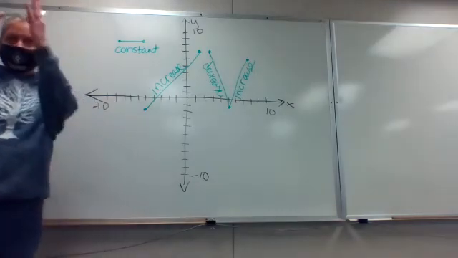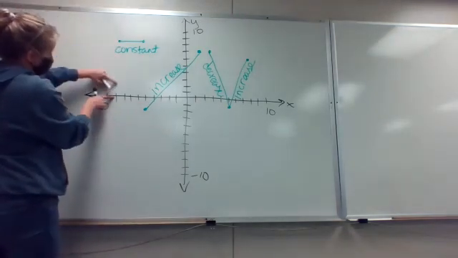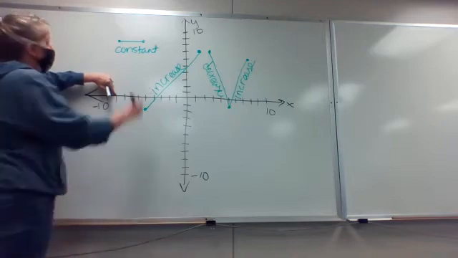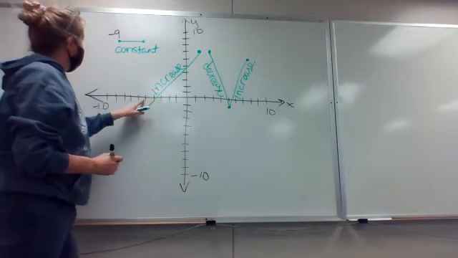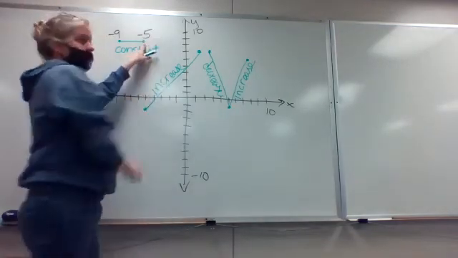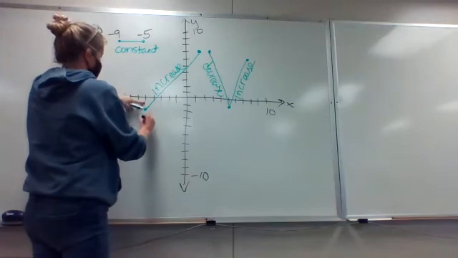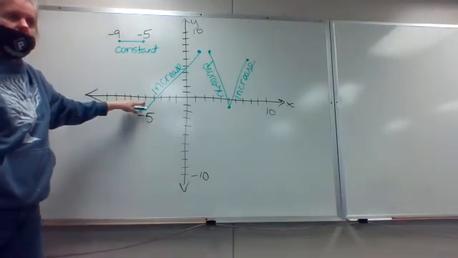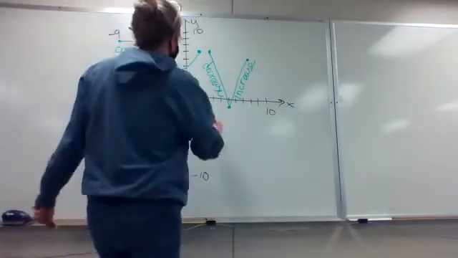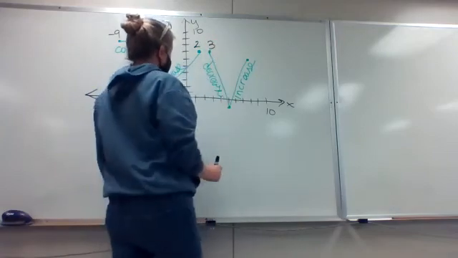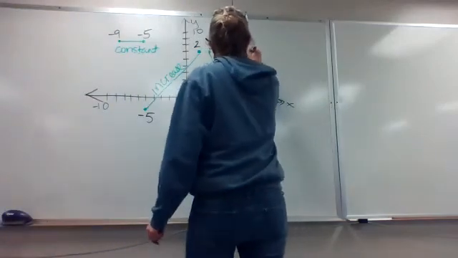Okay, now remember, yours is going to be exact, right? I'm freehanding this. This one's X is lined up with -9. This one's X is -5. This one's X is also -5. This one's X is 2. That one's 3. That one's 5. And that one's 8.